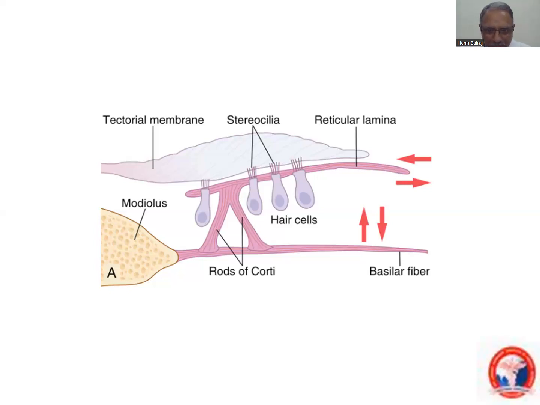So this is the traveling wave theory of sound. This is the hinge for the traveling wave theory of sound. And this is the tectorial membrane, which is embedded in the stereocilia.